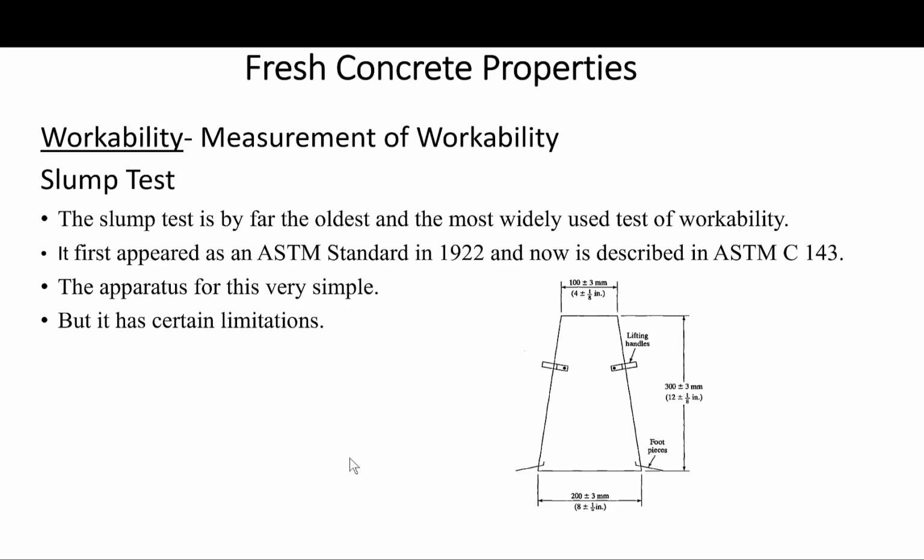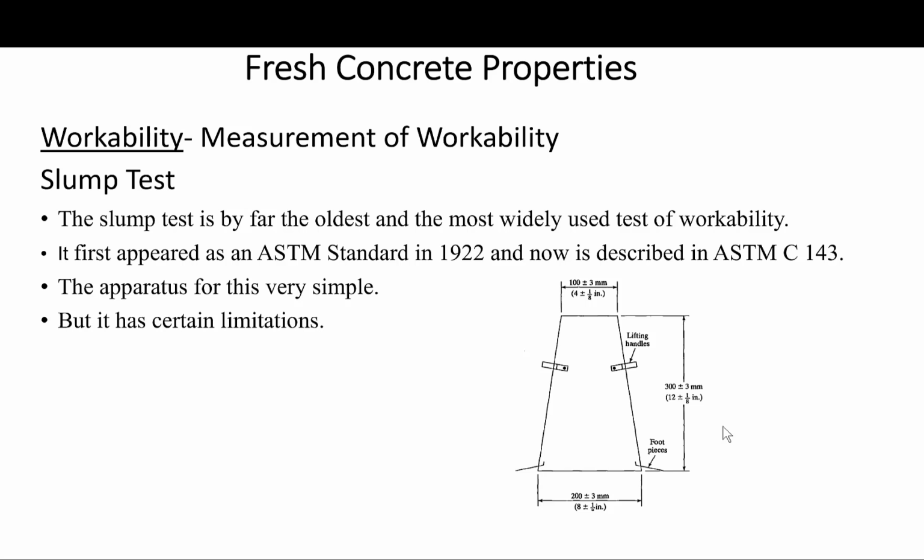The apparatus for this test is very simple, and basically consists of a hollow mold in the form of a frustum of a cone, as you can see right here, which shows the shape of it and the dimensions.